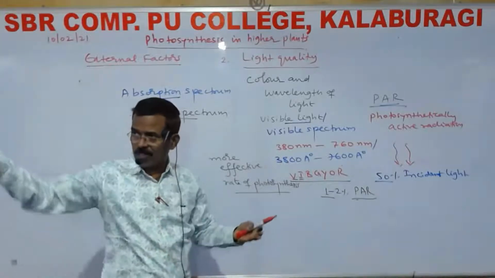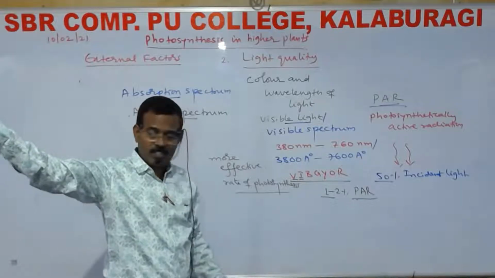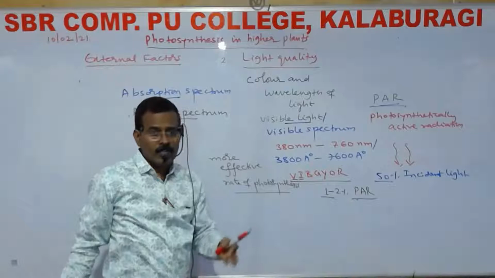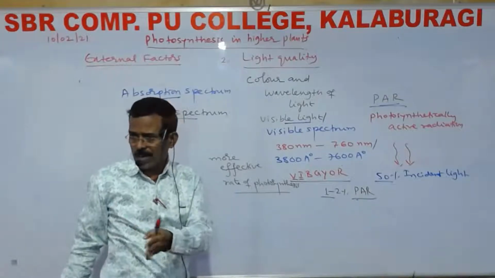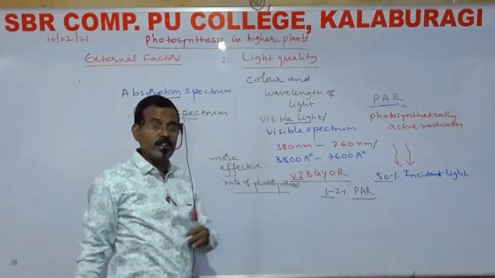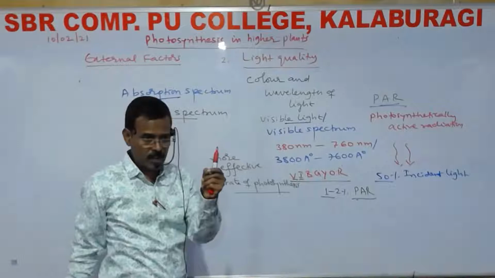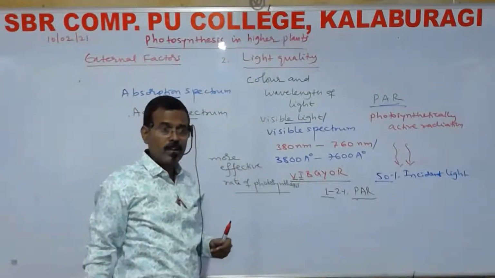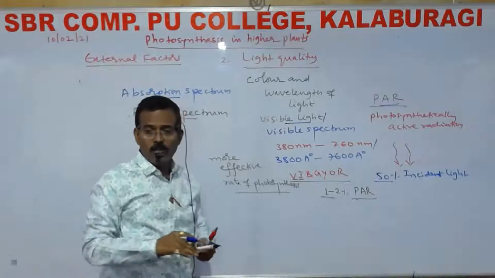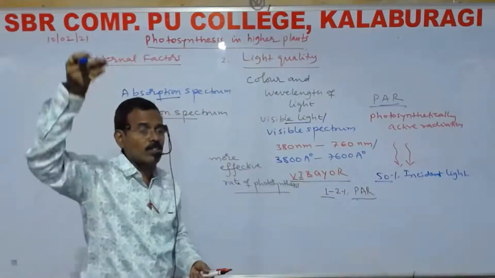We cannot see whether the rate of photosynthesis is higher, lower or medium just by looking at the plant from outside. So we perform the experiment on hydrilla plant. It is a submerged aquatic plant where we count the number of oxygen bubbles released from the stem cutting, from the branch cutting. Based on that we say the rate of photosynthesis is high. So we usually measure the rate of photosynthesis by counting the number of oxygen bubbles.